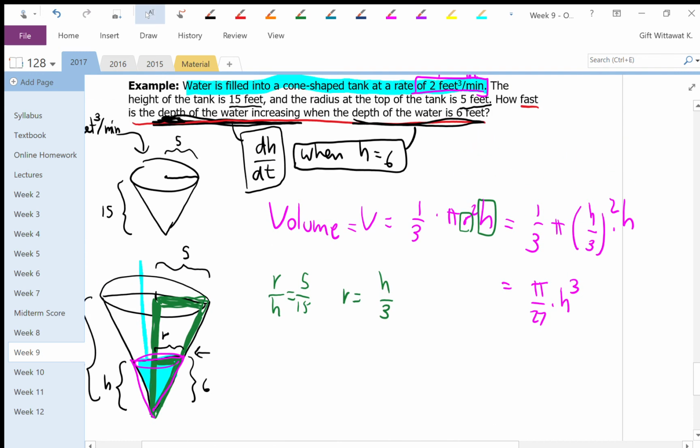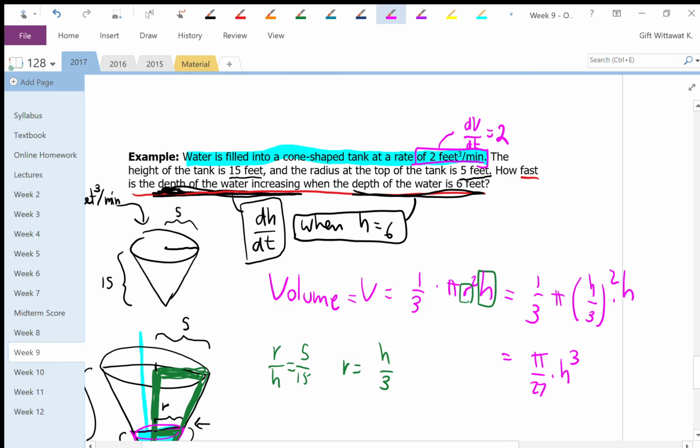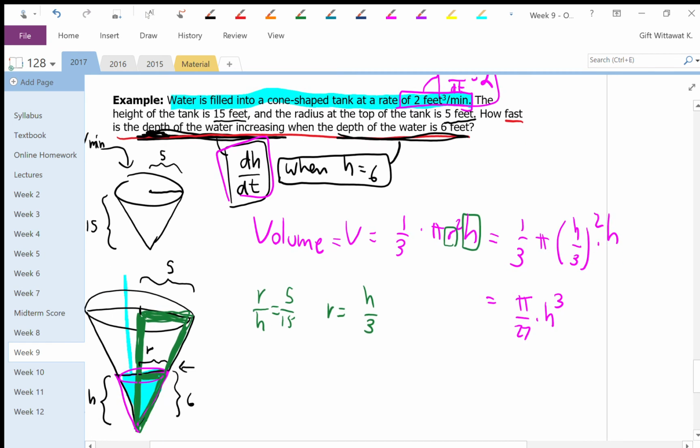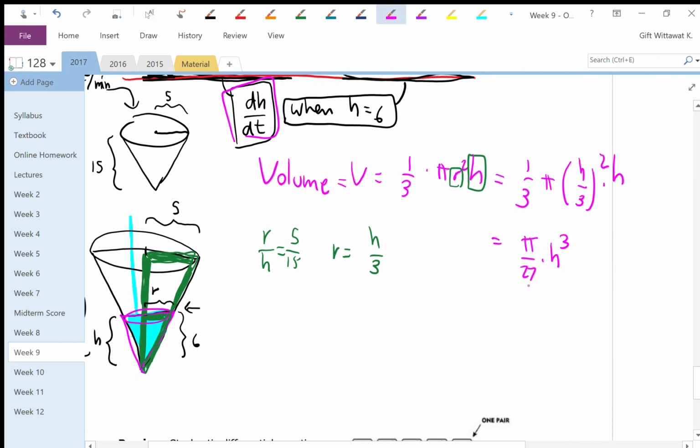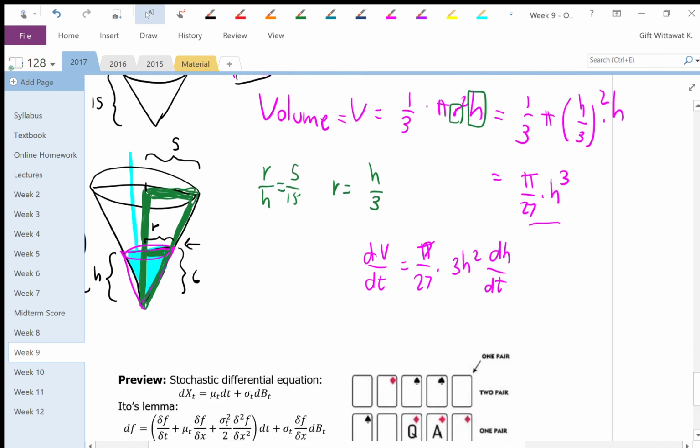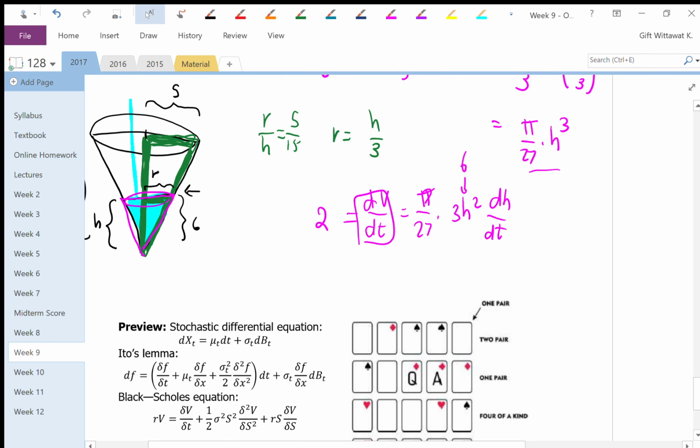Now, I have dV/dt and I want to find dh/dt. So I can take the derivative of this. I'm going to get dV/dt equals pi over 27 times 3h squared dh/dt. I know dV/dt is 2 and I know h is 6, so I can plug the whole thing in.